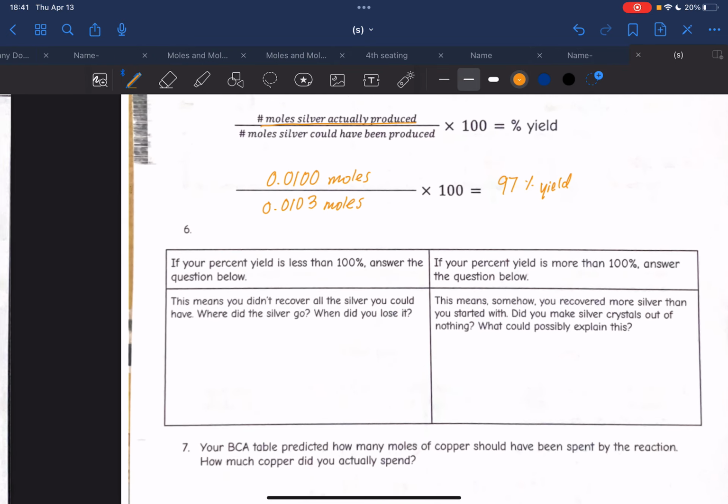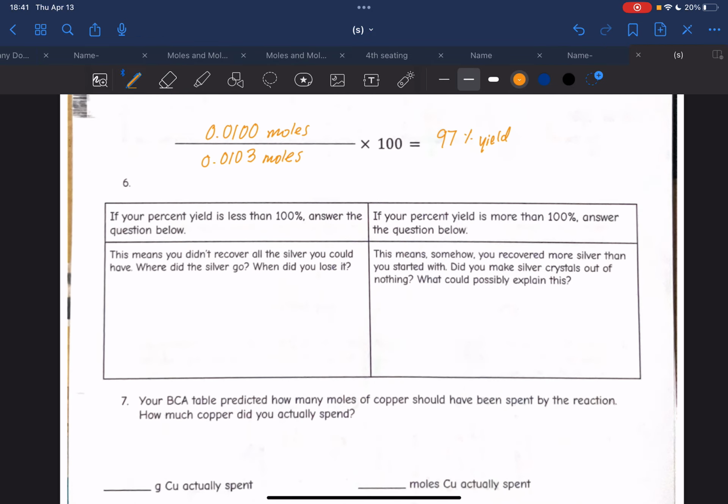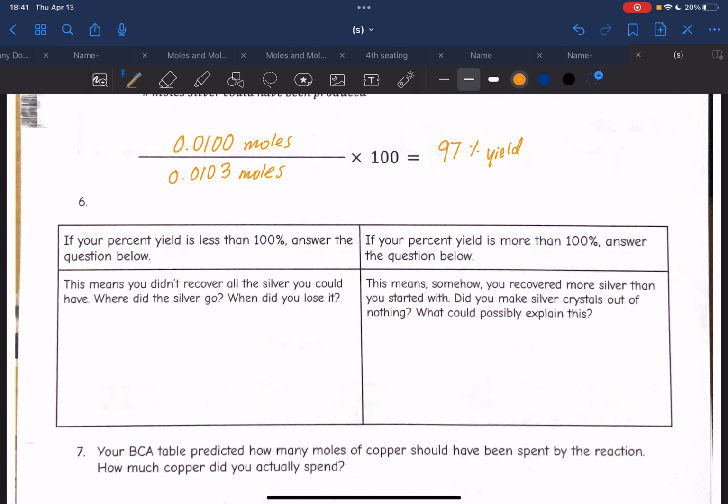But think to yourself, I'm actually not going to go through these ones because it's not important for the test at all. But it's interesting to think about where your silver might have ended up. If you had some spillage, if you spilled some silver nitrate in between transferring from the vial to the test tube, or maybe if you spilled some silver nitrate solution once it was in the test tube, maybe some of your silver nitrate stayed on your copper coil.